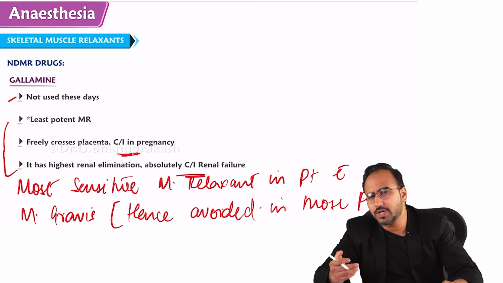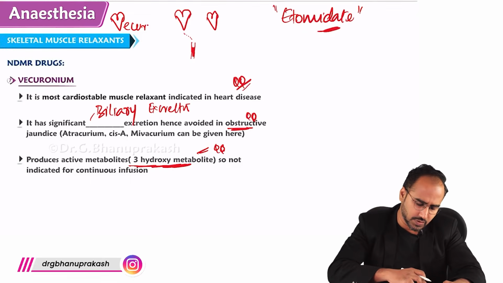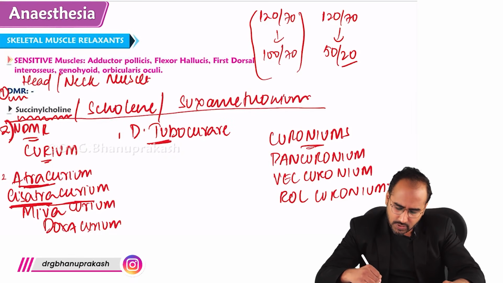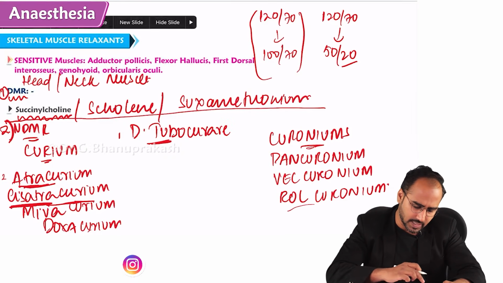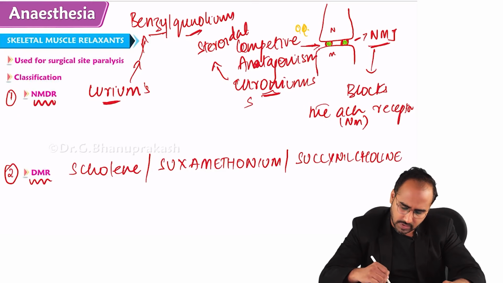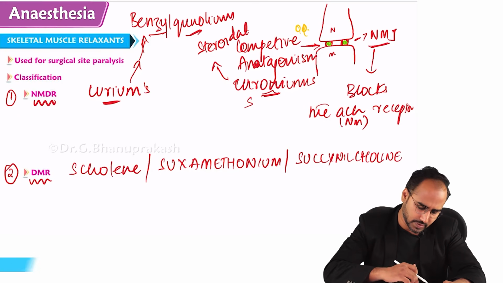Whereas in the steroids or curoniums, the examples are the Pancuronium, the Vecuronium and Rocuronium.